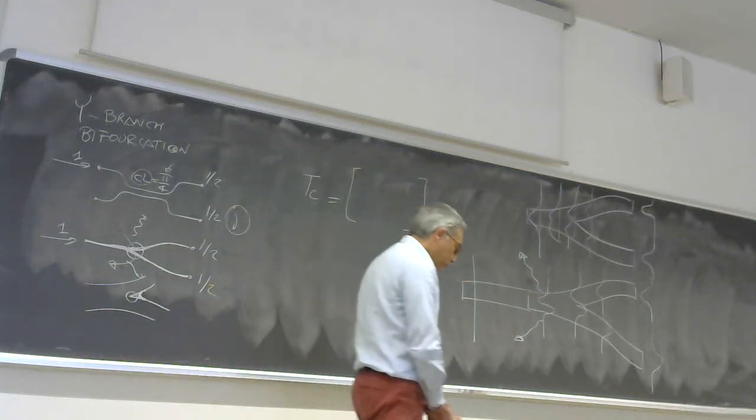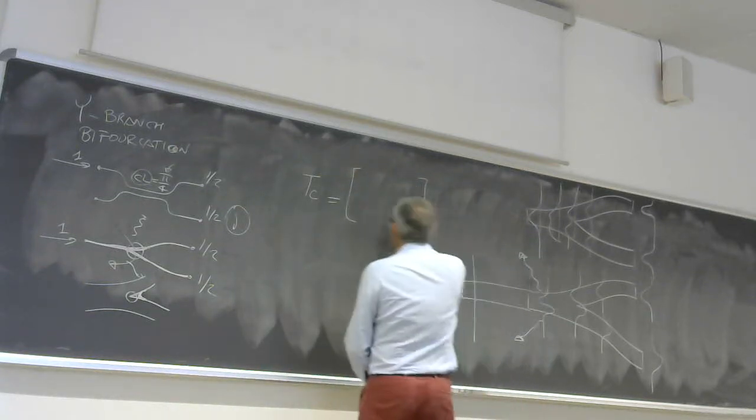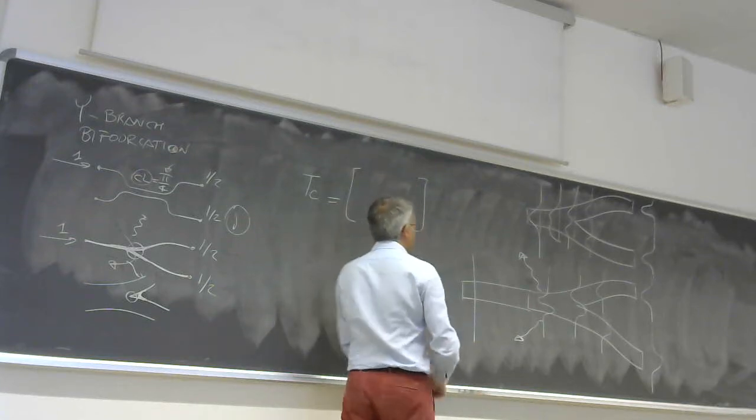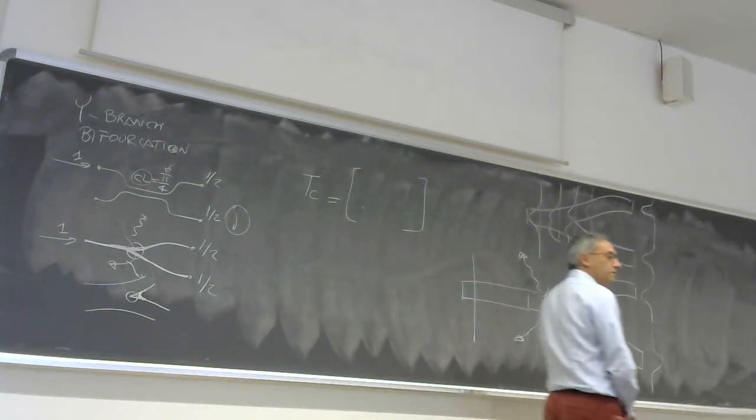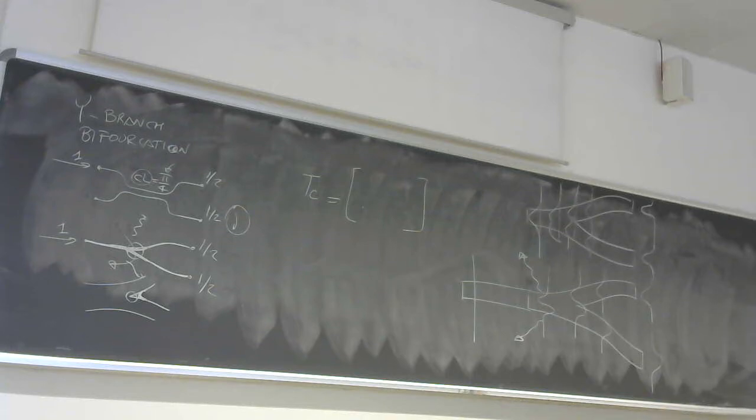So now I go back to the previous question. The matrix is a 2 by 2 because we have 2 inputs and 2 outputs. Which are the 2 inputs? Which are the 2 outputs?